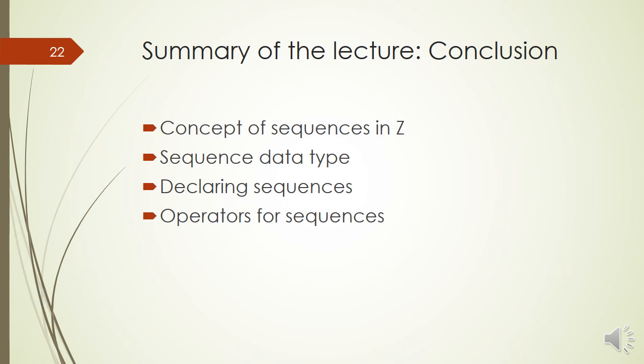Then we discussed declaring sequence variables in order to write predicates about software. And at the end of this lecture we discussed several special kinds of operators which are only used for sequences, which include the head operator, tail operator, last operator, front operator, reverse operator, filter operator, and concatenation operator.